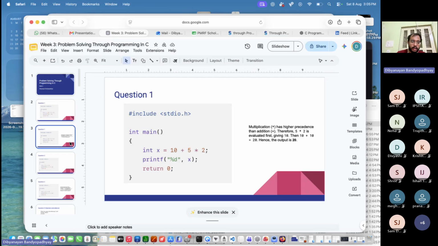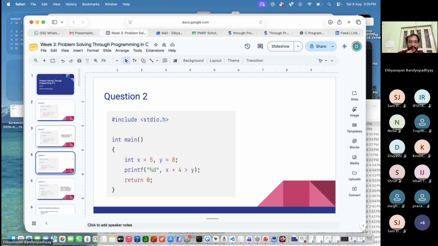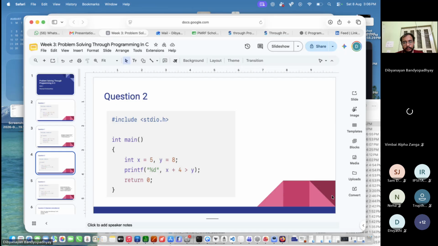Okay. So this is the second question. Try to see it carefully and then we'll discuss. x plus 4 greater than y.